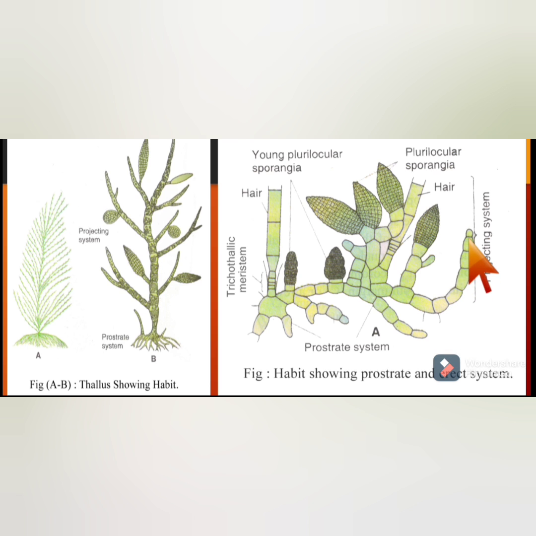That means monosiphonous. But sometimes these filaments may become polysiphonous, that means 2 to 3 cells in thickness, due to the vertical division of the cells. So in some species, these cells have a vertical division, and the filaments may become polysiphonous. But as in this case, you can see that it is only one cell in thickness, that means monosiphonous.